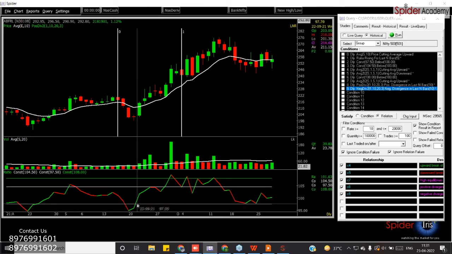Then again it reached its threshold level, that is 97.5, and it gave us a buy signal. Provided the prior context was positive, it gave us a long signal. Again over here, it reached 104, but it did not give us any sell signal. Why? Because it did not cross over here and it closed below this. It was over here, it went above 104.